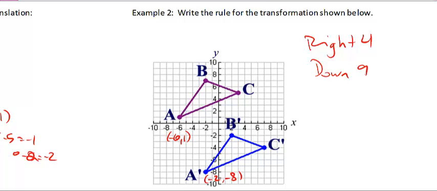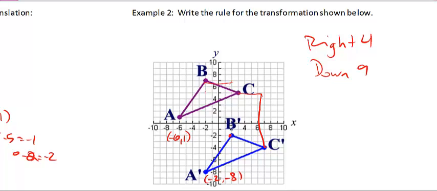So one thing that's true about translation is that every single point should be moved by the same amount, right? So if I check C and I go over 4 and down 9, and I land on the right place, and B is at -2, moving to the right would be at +2, which works, and moving down 9 from 7 is at -2.